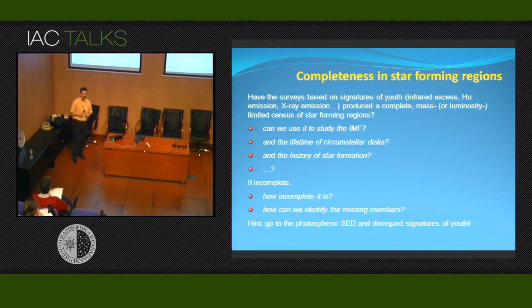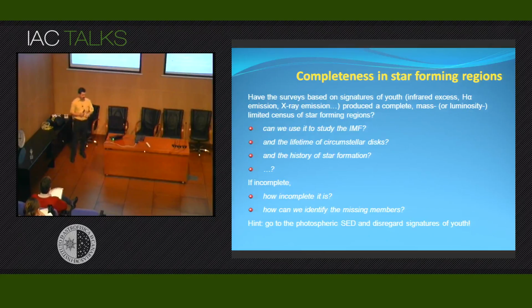How can we identify the missing members, if at all possible? And a way to do that is to use not the tracers of youth by themselves, but to use the photospheric spectral energy distribution of the objects under study, specifically disregarding the signatures of youth. That's something that comes only later, that we can use in order to assess how complete we have been when using the signatures of youth.